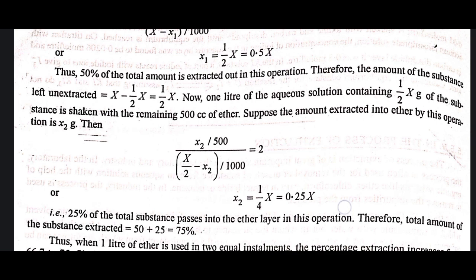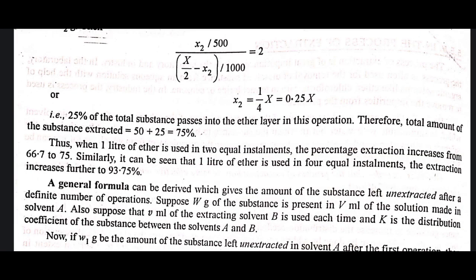That is, 25% of the total substance passes into the ether layer in this operation. Therefore, the total amount of substance extracted is equal to 50 plus 25 is equal to 75%. Thus, when 1 liter of ether is used in two equal installments, the percentage extraction increases from 66.7 to 75.